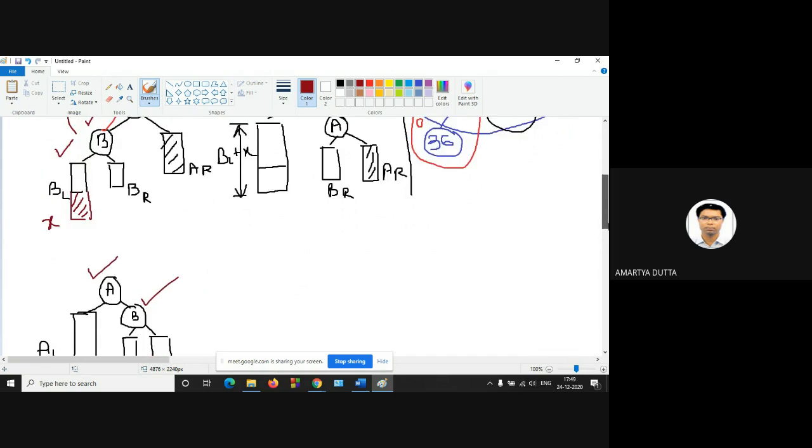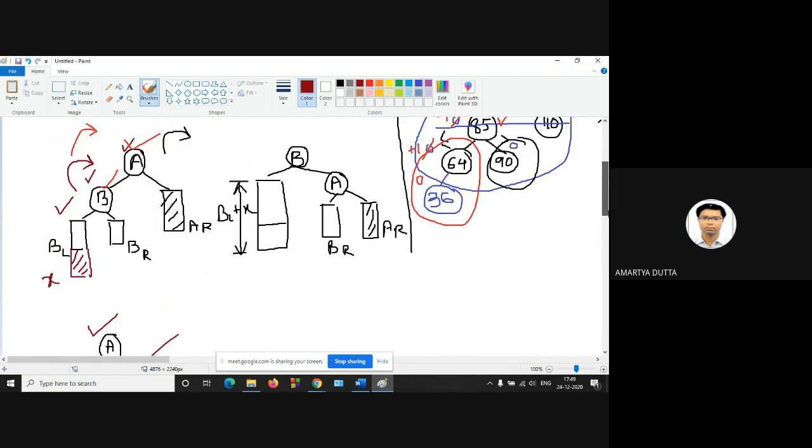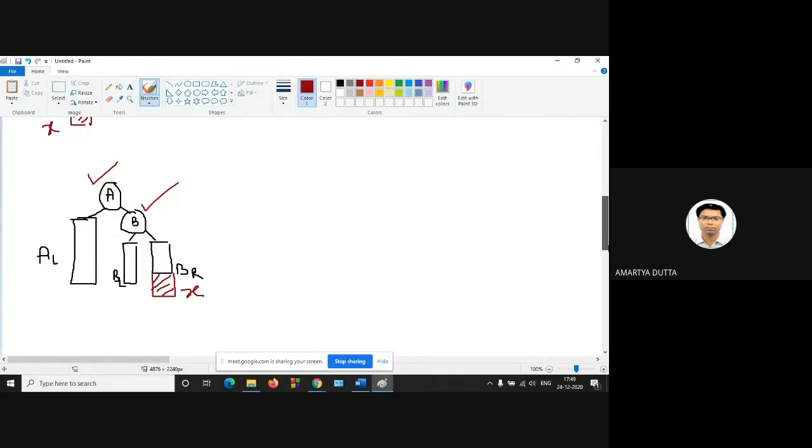In case of LL rotation, the inserted node is in the left subtree of the left child. In case of RR, it is in the right subtree of the right child. In case of RR rotation, there will be an anti-clockwise rotation at node B. So B becomes the root. The left child of B is A, and left of A is AL.